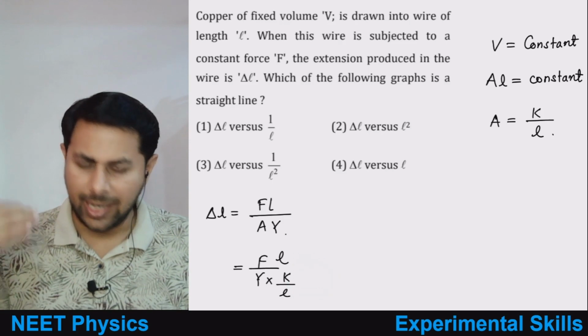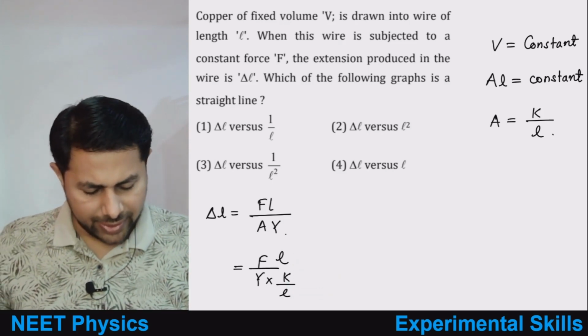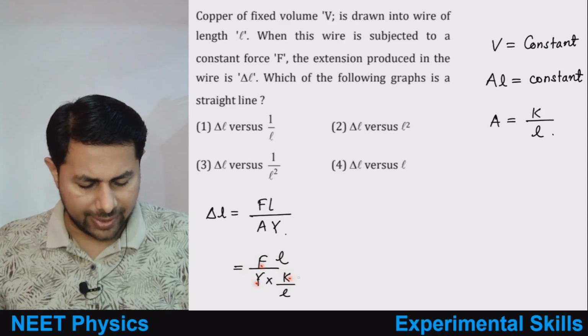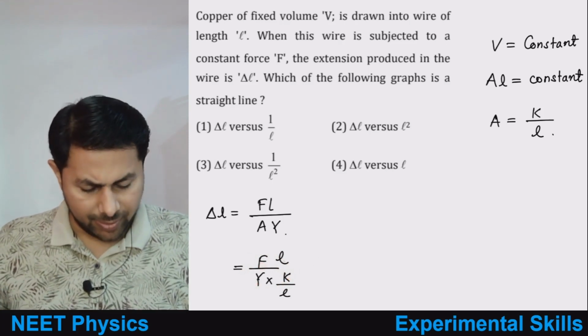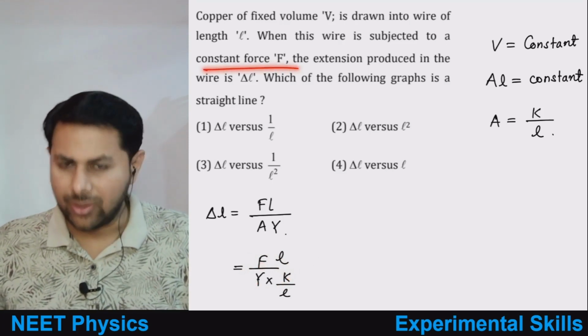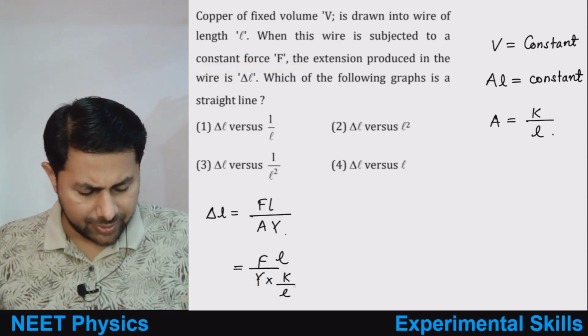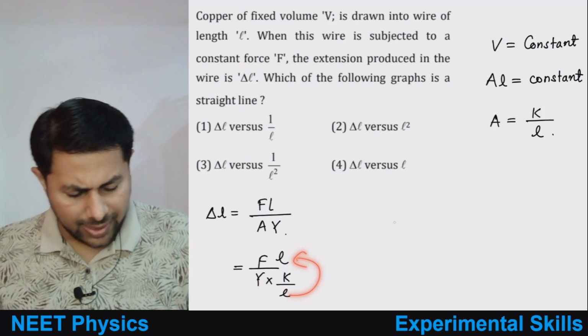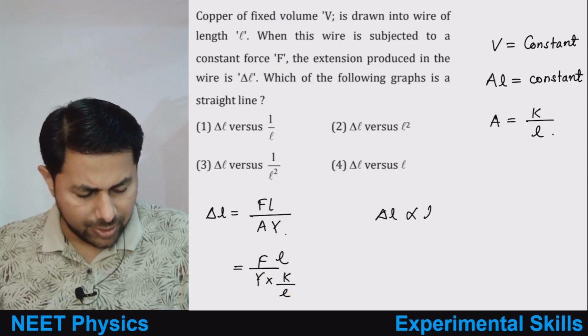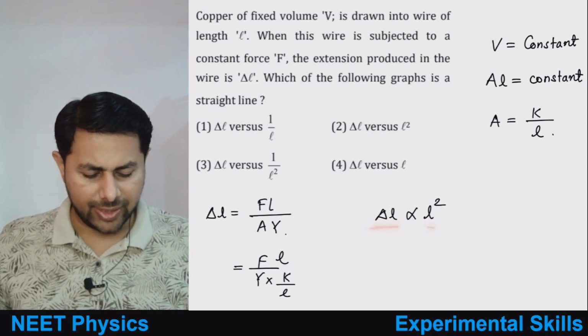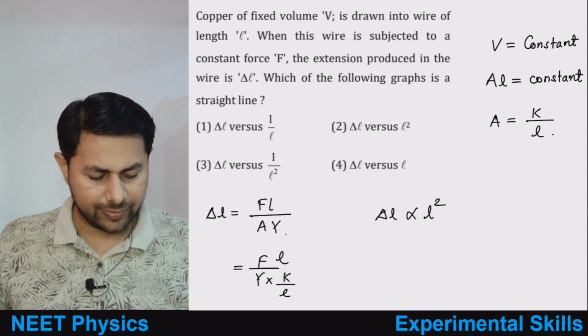Move this L to the numerator, so you get some constant: force, Y and K. This is a constant because it is pulled by a constant force. Young's modulus will be a constant, right? So then you get delta L is directly proportional to L square. That means the graph of delta L versus L square would be a straight line.